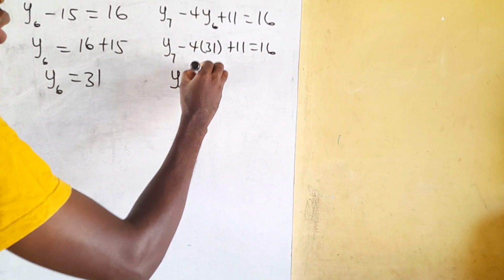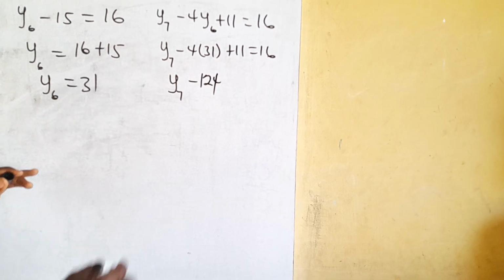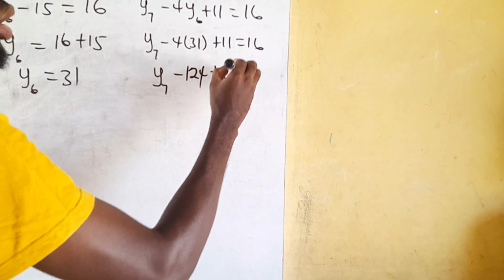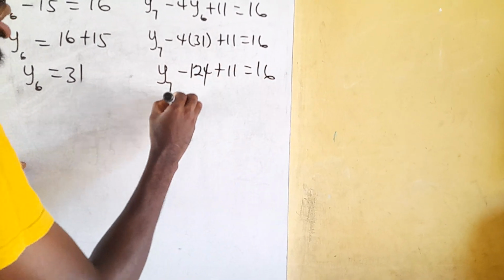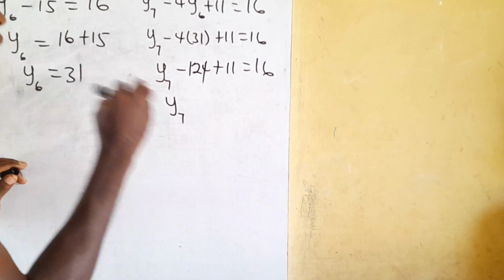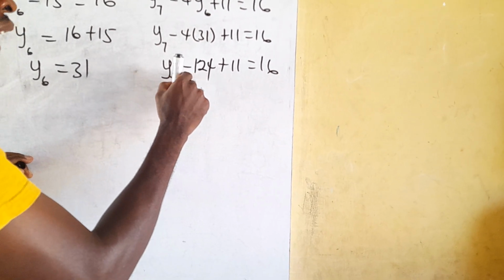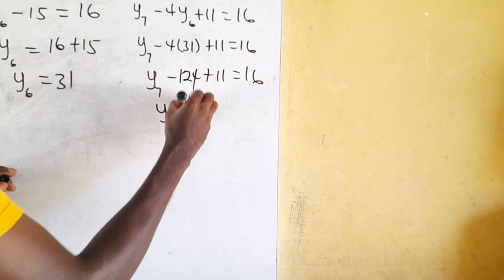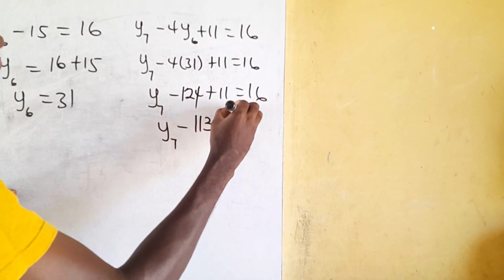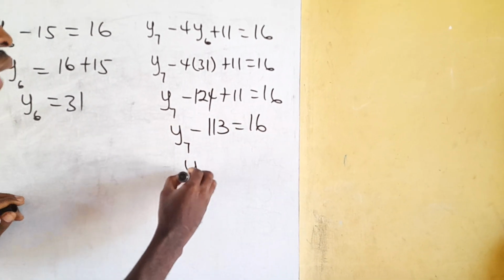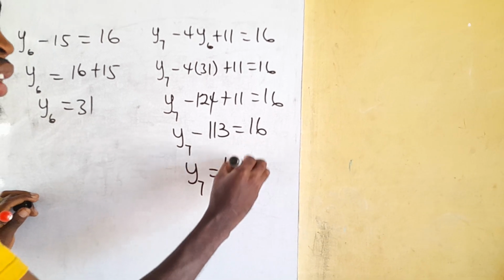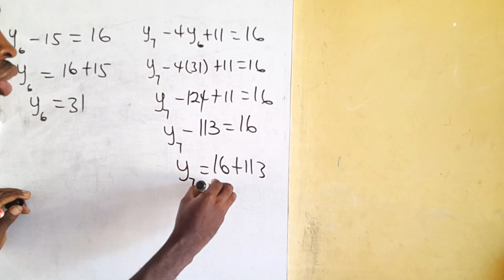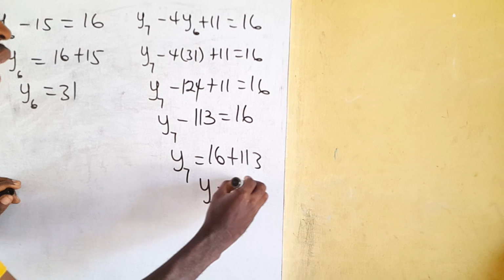That will be 124. So minus 124. Then plus 11 is equal to 16. So we have y7 minus this negative 124 plus 11 will be negative 113 equal to 16. So y7 will be equal to 16 plus 113. y7 will be equal to 129.